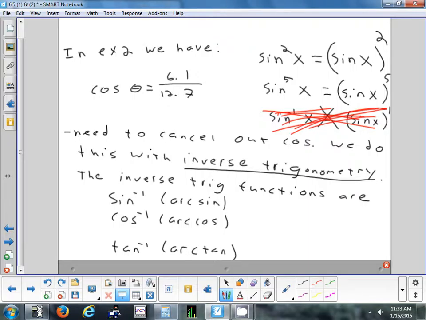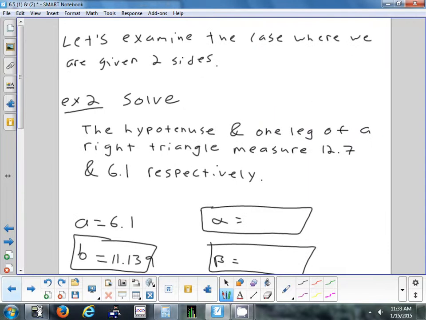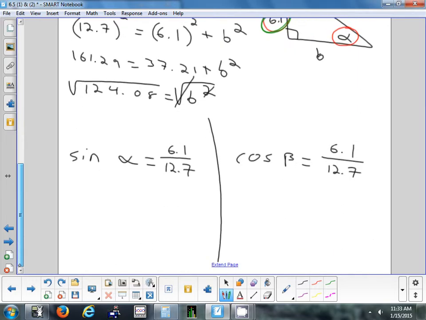All right, so now let's go back, look at each one of these. Let's start with the one on the left. So we're going to get rid of sine by using inverse sine. I'm going to take everything that's on the left and plug it into inverse sine. I'm going to take everything that's on the right and plug it into inverse sine.